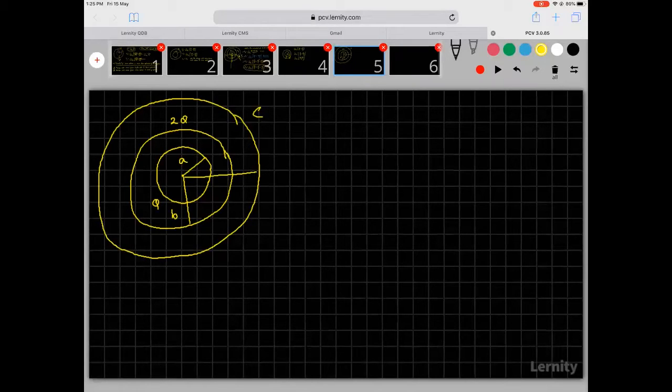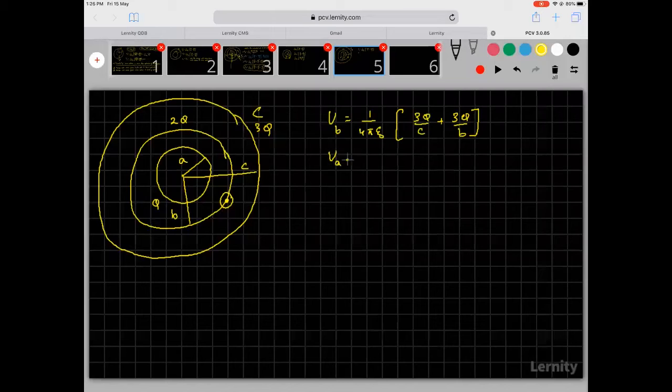Suppose this is c, charge is 3q. My question to you is, what is the potential of the outer sphere? So the potential VC is equal to 1 by 4 pi epsilon naught, 3q by c plus 3q by b. I hope you are able to get it.